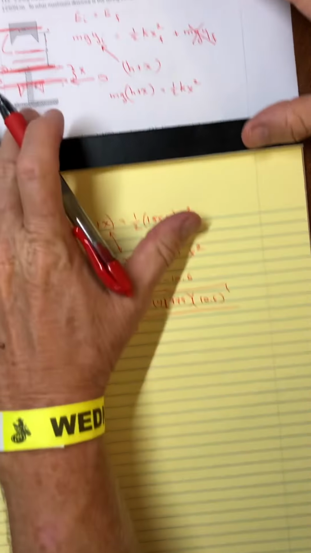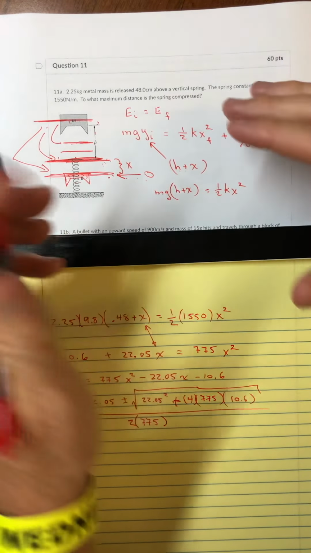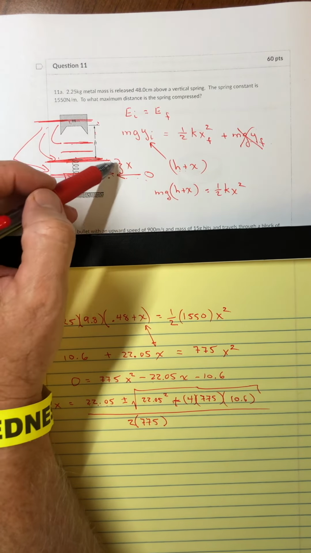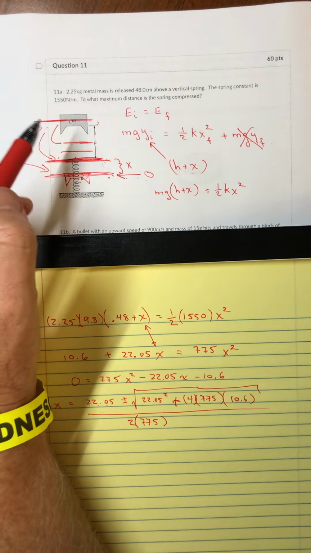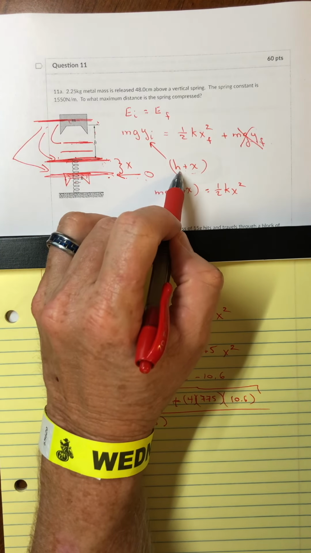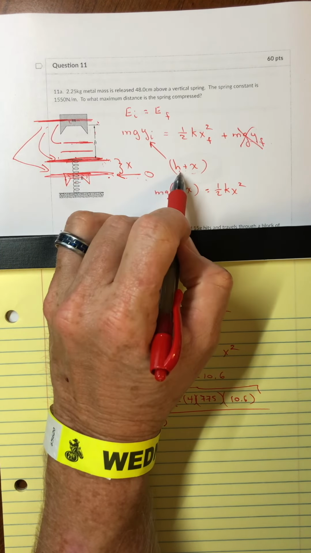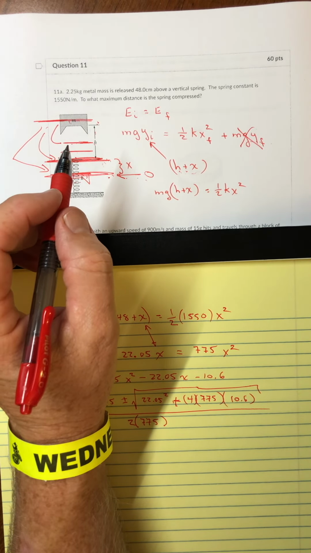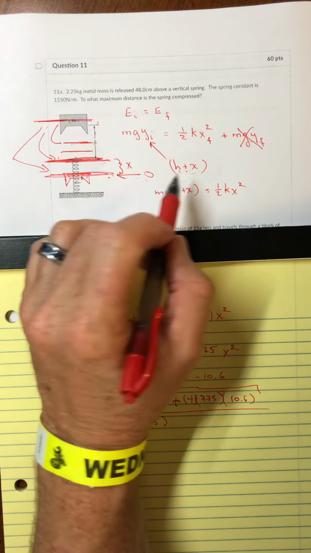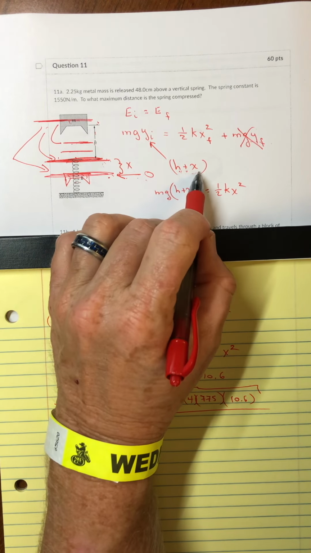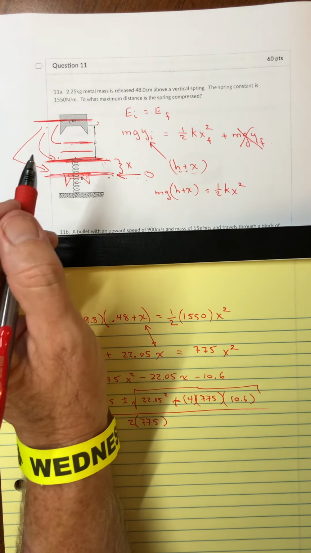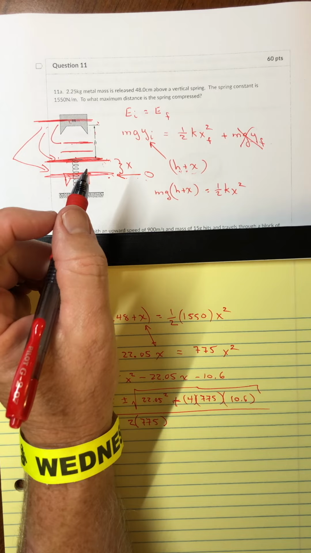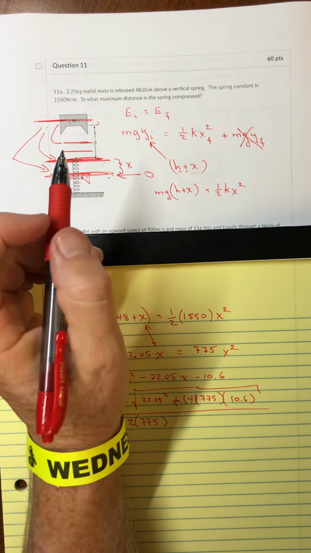Thinking about what I did over here, and you could have done it either way, but the way I treated my x is I treated it as a positive number, right? I said that the height was h plus x. You could have done h minus x and treated x as a negative number.